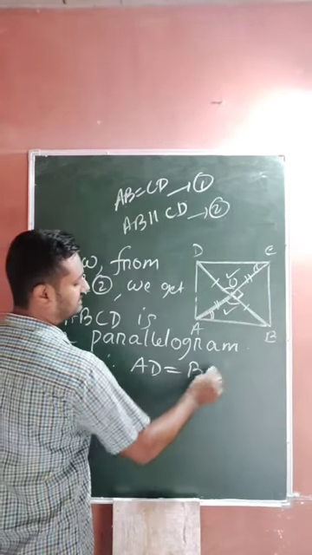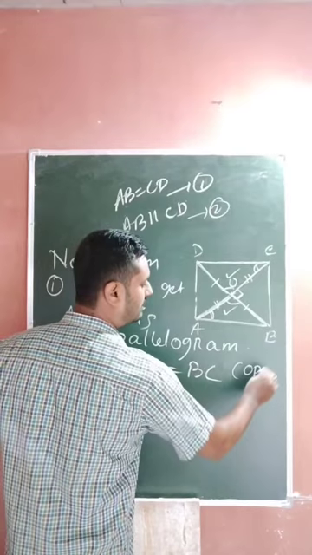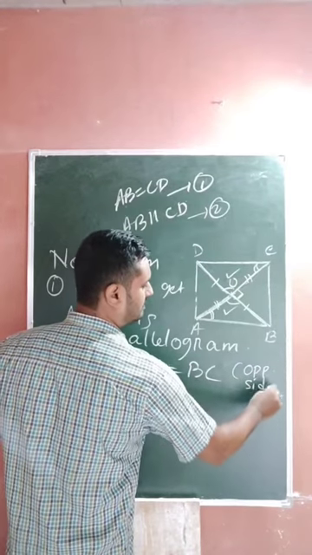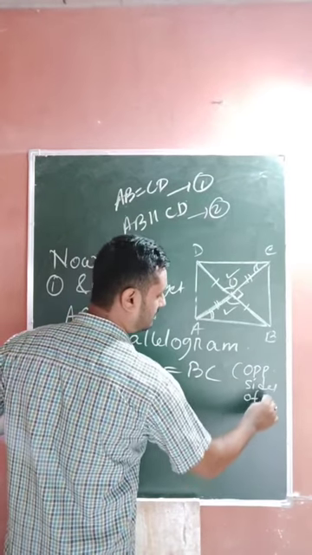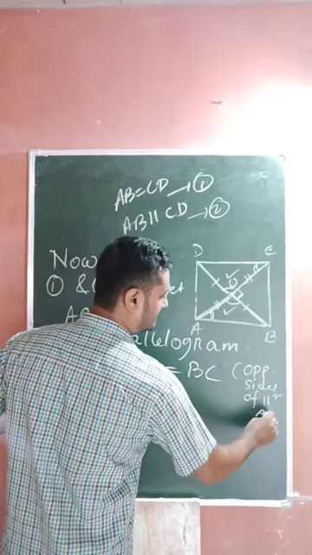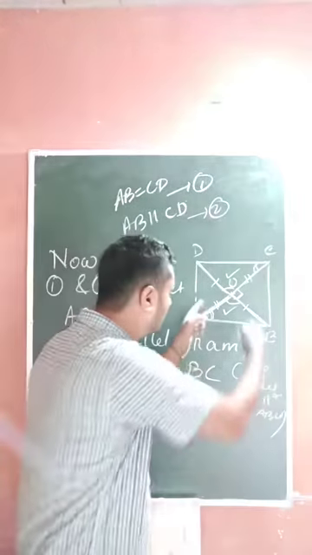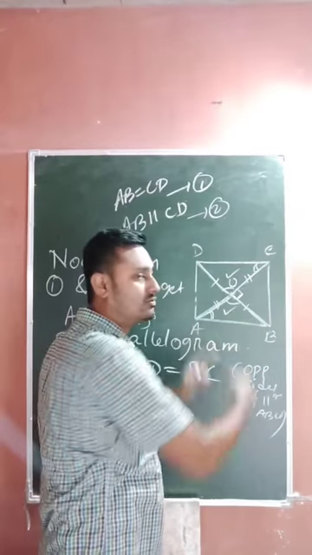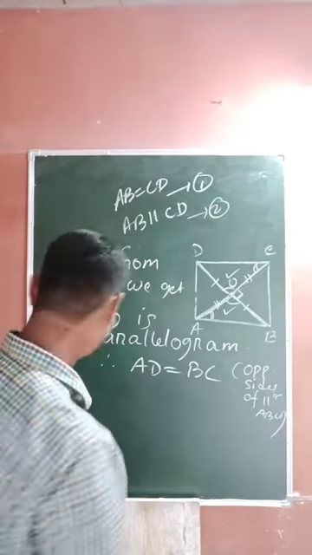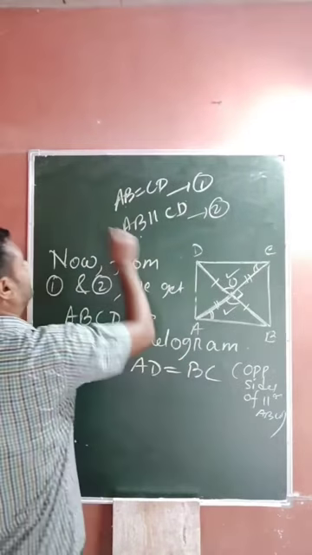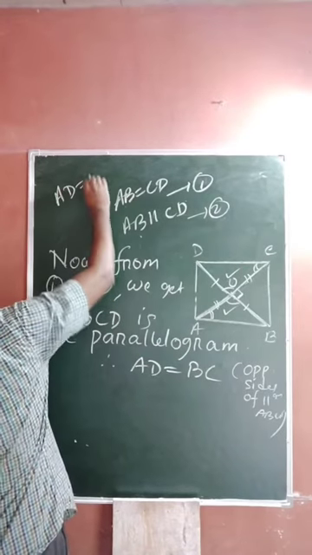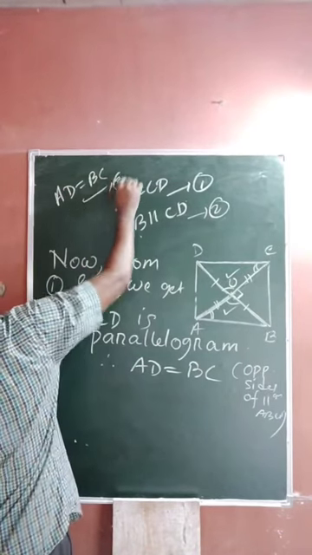Or you can prove it by proving these two triangles congruent also. So AB is equal to BC, which is number 3.